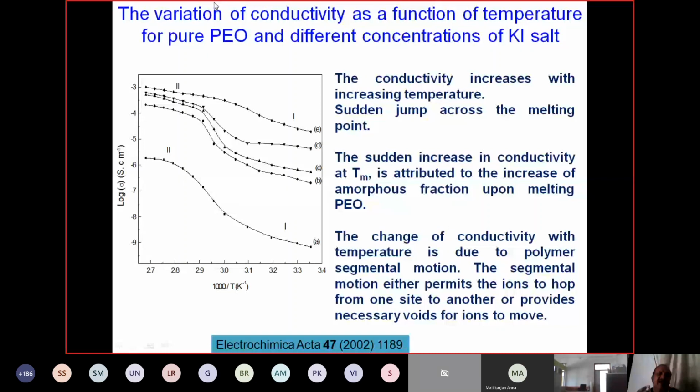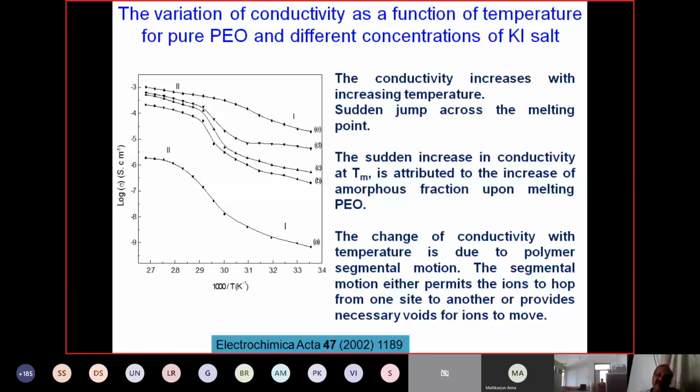We are using the XRD patterns, optical micrographs, and DSC to study how the structure is changing within that material when we add salt to the polymer.